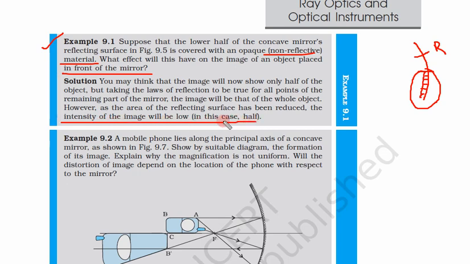So first of all, we think that since half of the mirror is coated with an opaque material, the image will be half formed, but the image will be completely formed. Only the intensity of light, the sharpness of the image will be reduced, not the image size. Image size will remain the same, only the intensity of the image will change.